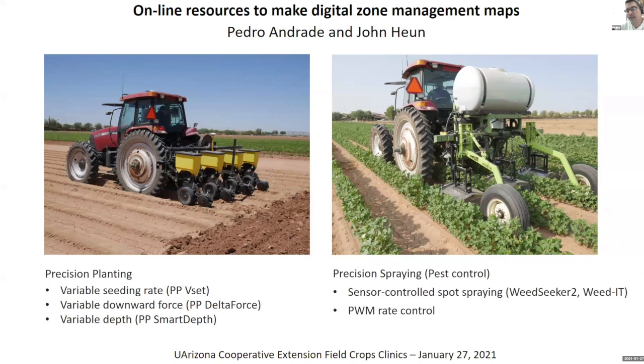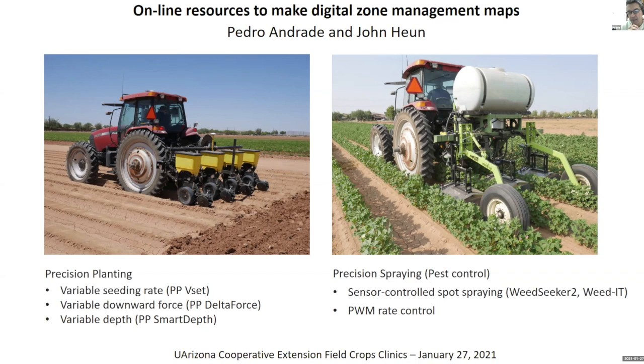Downward pressure is another factor that we're working on, and variable depth is a new concept that we are exploring in 2021. So when you think about variable rate technology, it's not only fertility. We're looking into other areas like planting, and we're also doing work on pest control.